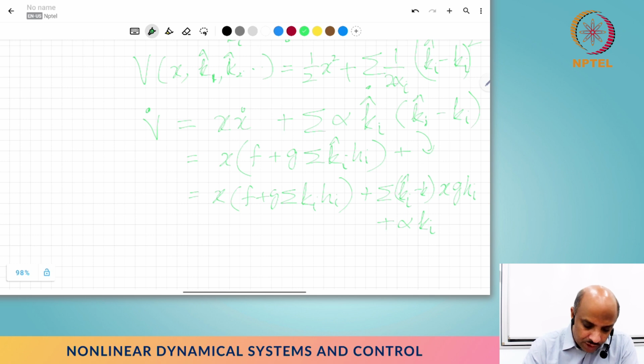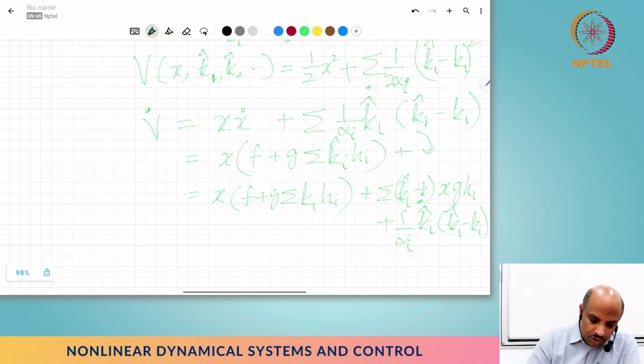I could actually do this. I slightly modify the Lyapunov function, so I'm going to reverse the role of alpha, it becomes reciprocal: 1 over alpha I ki times k hat I minus ki.